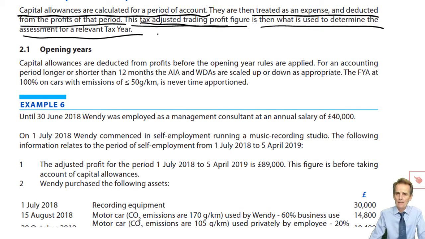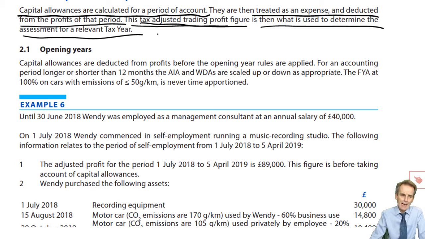But what you often see in terms of opening years examples is, as may very well be the case, you're actually going to incur what we call pre-trading expenditure. Because you have to buy the plant and machinery, you have to buy the fixtures and fittings before you can actually start to trade. Not a problem.